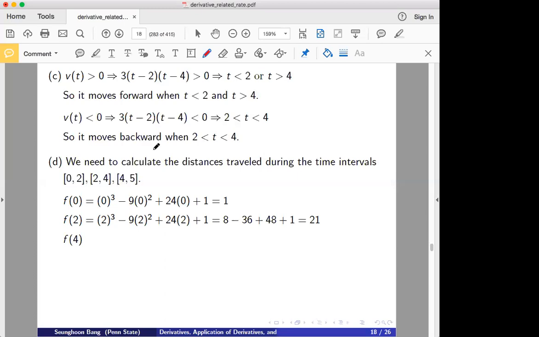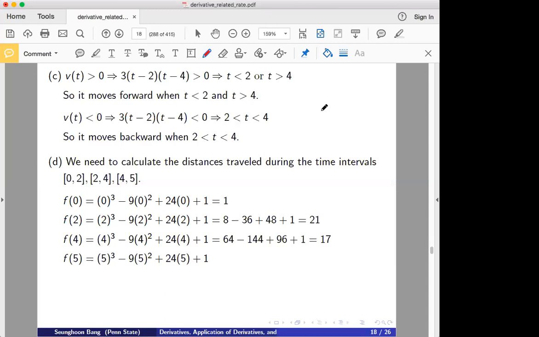Now f of 4: 4 cubed, minus 9 times 4 squared, plus 24 times 4, plus 1. 64 minus 144 plus 96 plus 1 is 17. f of 5 is 5 cubed, minus 9 times 5 squared, plus 24 times 5, plus 1, which calculates to 21.